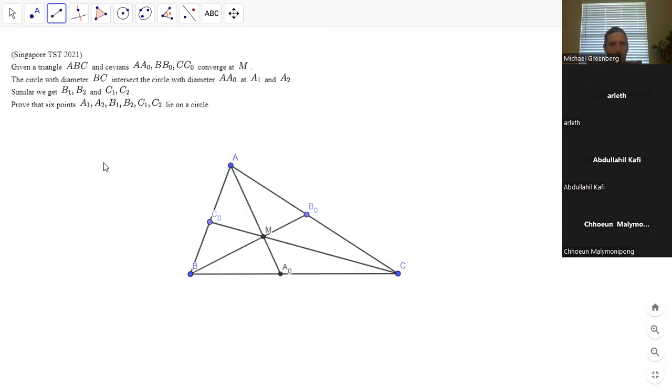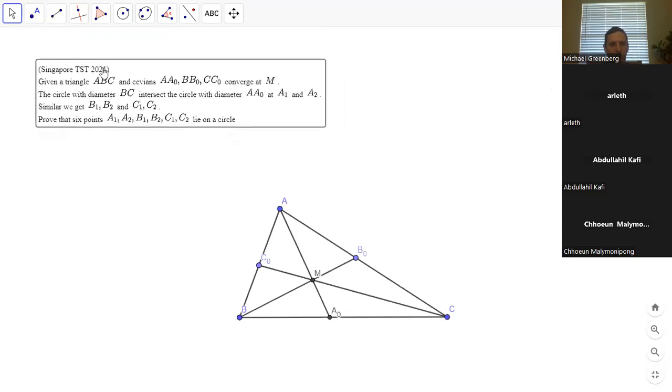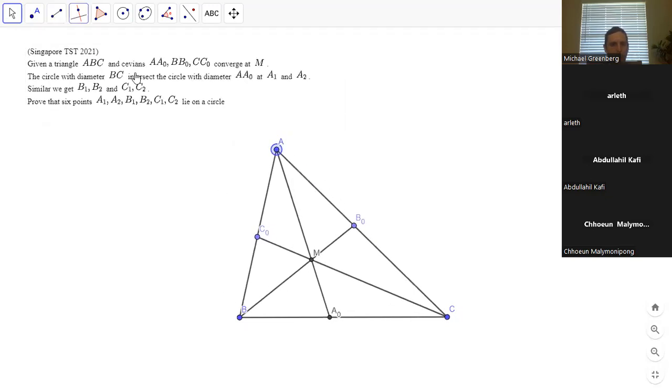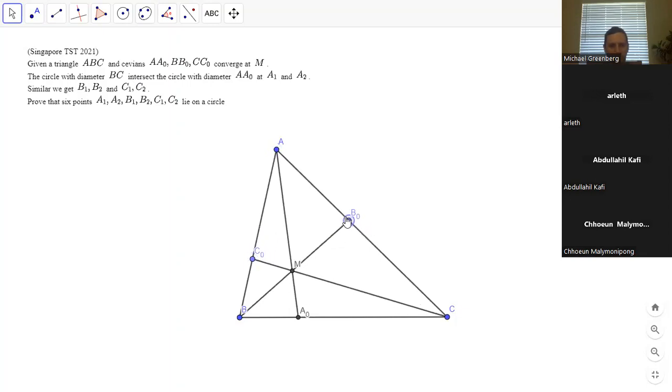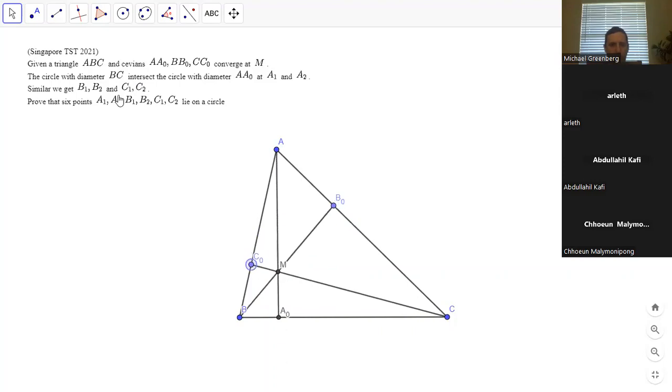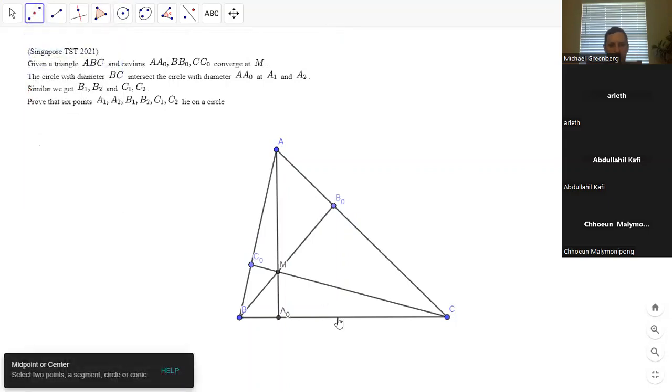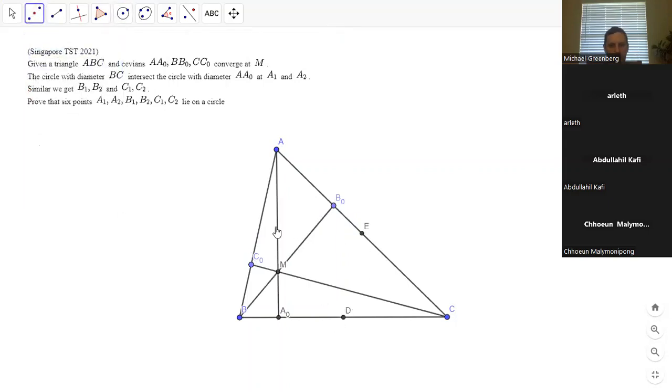So then we draw the circles with diameters BC, AC, and AB. So yeah, let's try to make these far away from the midpoints as possible. We have 1, 2, 3. I'm going to draw those circles.